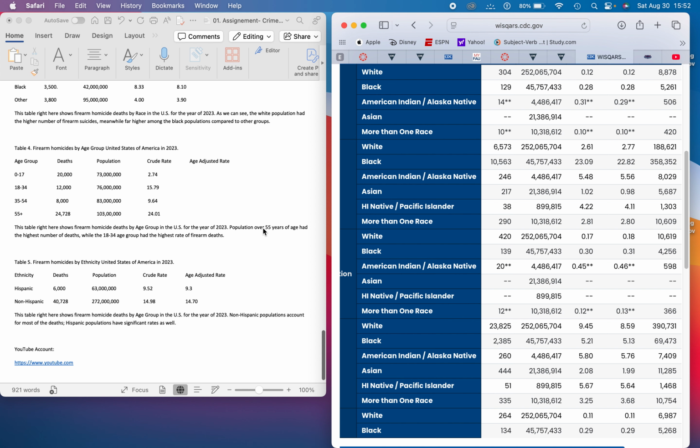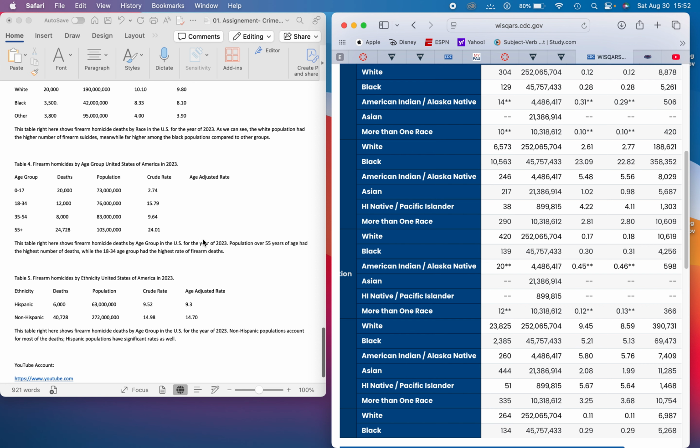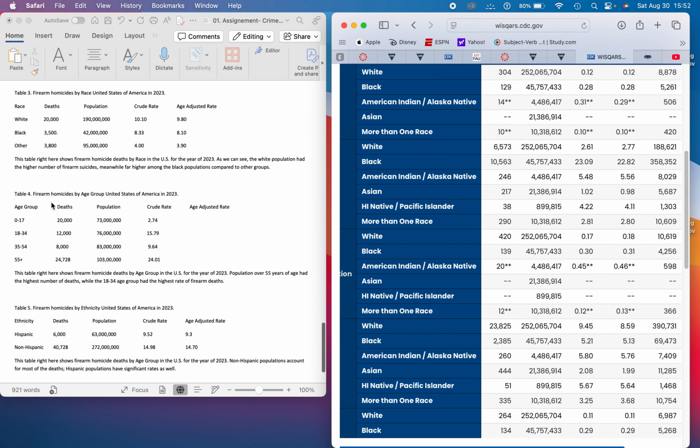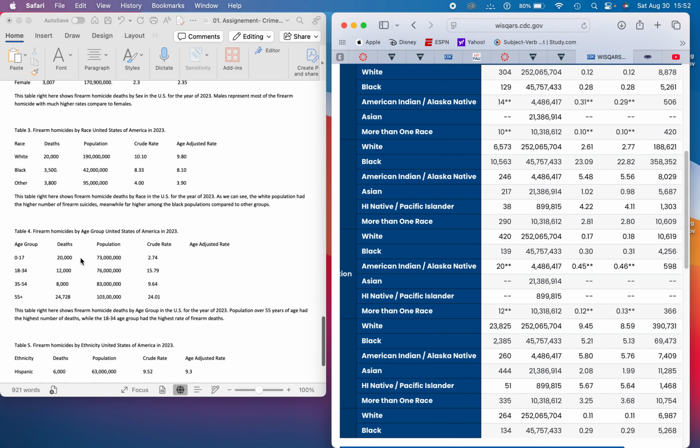Population over 55 years old has the highest number of deaths, while 18 to 34 group is the highest. Everything's in here. Firearm by age group: 0 to 17, 20,000; 18 to 34, 12; 35 to 54, 8,000. As you can see, those are the lowest, and 55 plus are the highest.